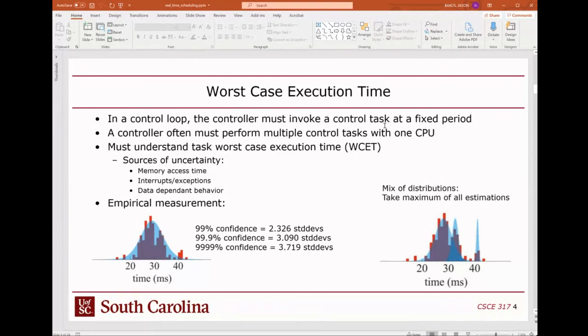So when I say task, I'm talking about a control algorithm that's running possibly with other control algorithms, each of which is a task. Of course, in general, when you talk about tasks on a computer, it's basically any process, any program running. But in this case, I'm talking about tasks that are doing something important to control the physical world in some way.